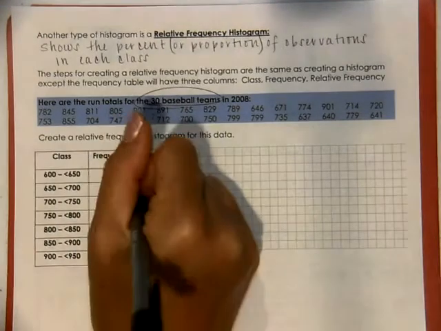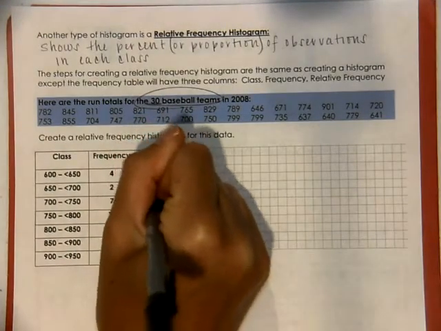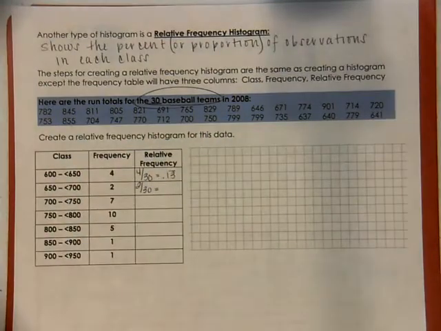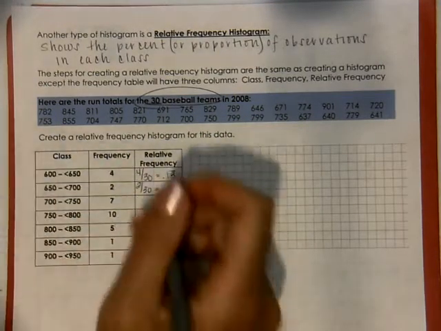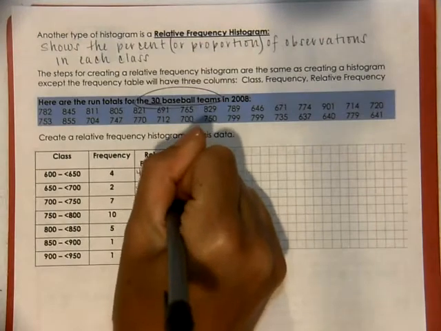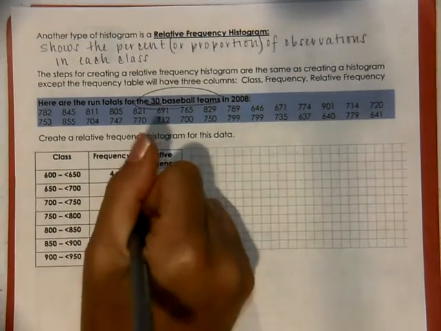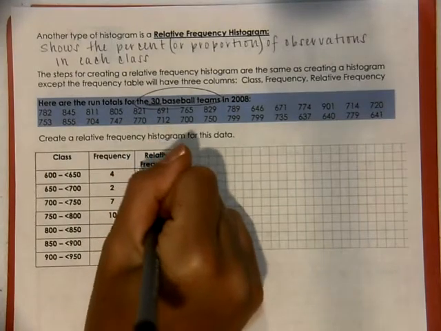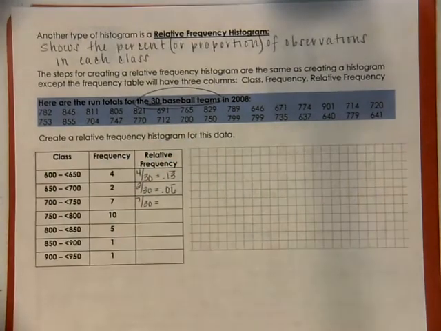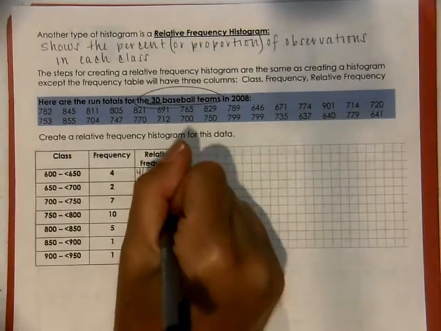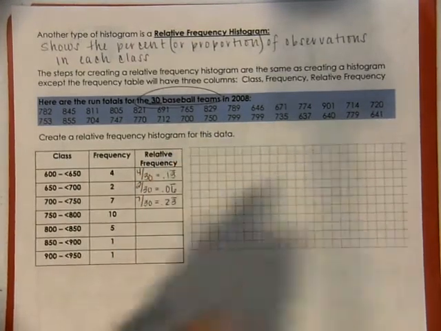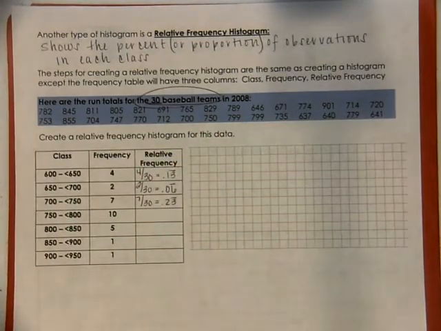Then my next one is going to be 2 divided by 30, which gives me 0.06, and that repeats. Now you don't need to show your work for the relative frequency, I'll just show it for the first few. And you can go ahead and finish filling out the chart by dividing the frequencies by the total.